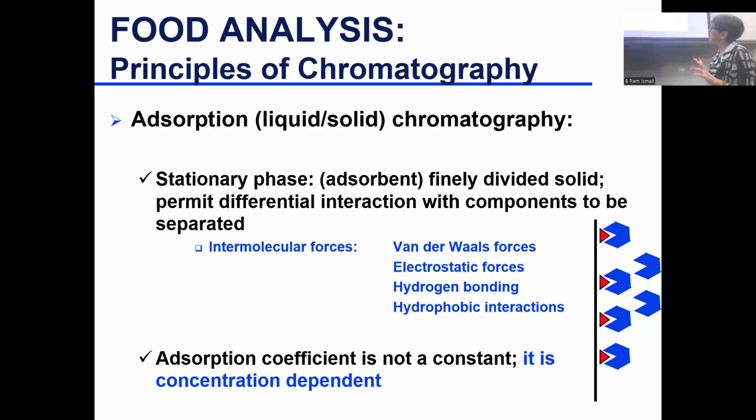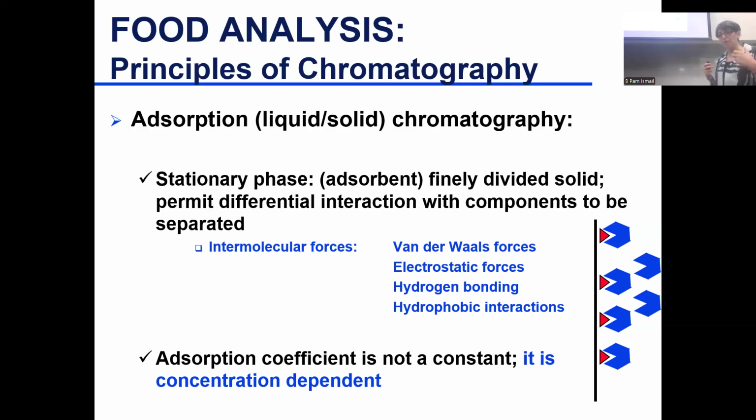What does that mean? That means if you inject a sample that is too concentrated, we will saturate all possible sites, and then some will not find anywhere to interact, and then will elute, leave the column without any interaction. And that will give you a flawed result. You did not allow your components to interact by just using a high concentration. So at equilibrium, you don't have a constant adsorption coefficient because you used really high concentration.